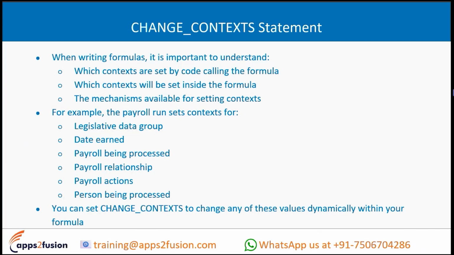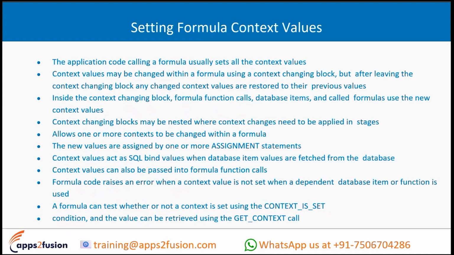Now I want to change that person ID to some other person ID. Then you have to use change context, as simple as that. In the application code, you should set the context.